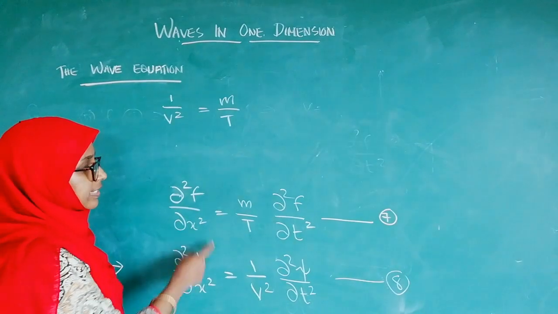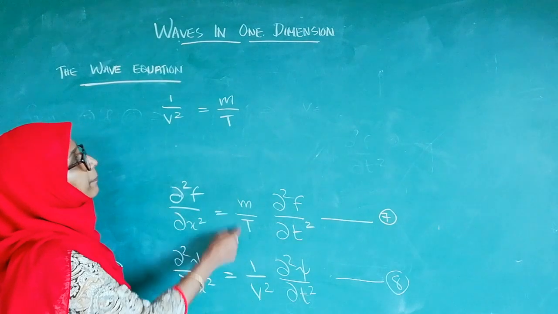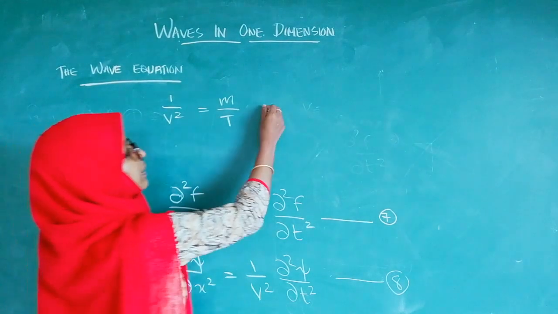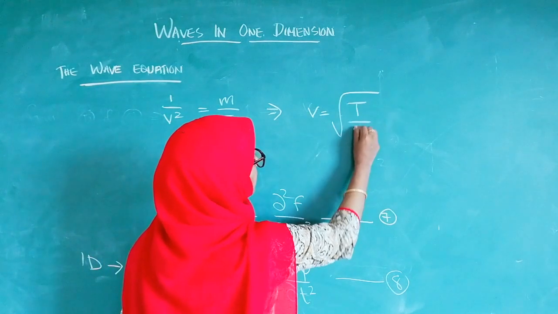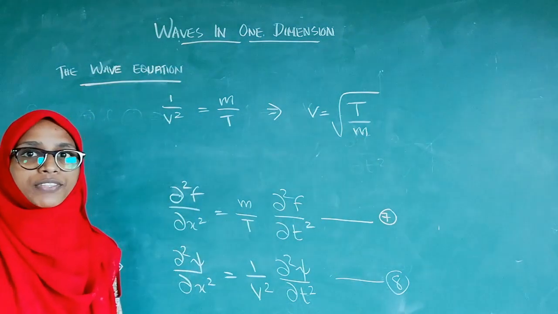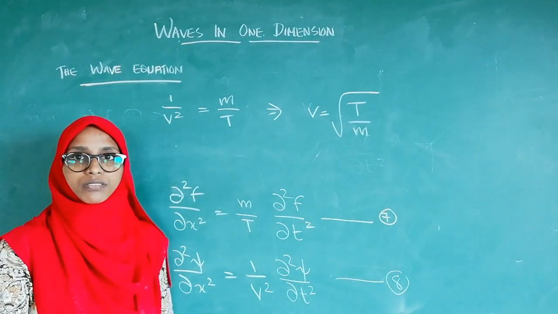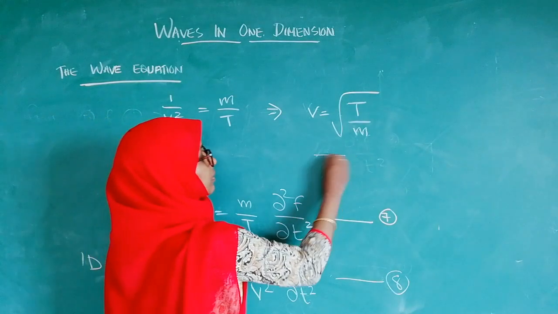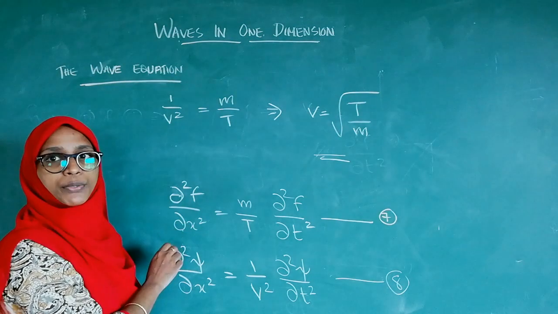By comparing these two equations, we can write 1/v² is equal to m/T, which implies v is equal to root of T by m. T is the tension applied, m is the mass per unit length of the string, and v is the constant velocity with which the wave moves. And this equation is known as the classical one-dimensional wave equation.